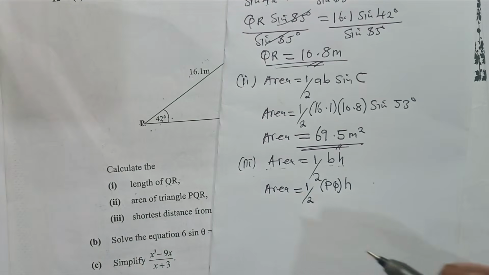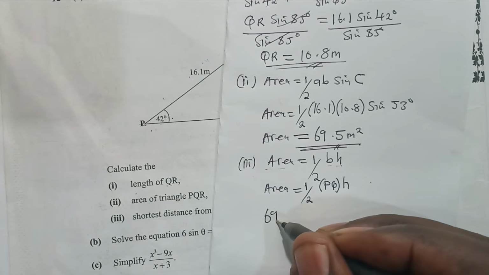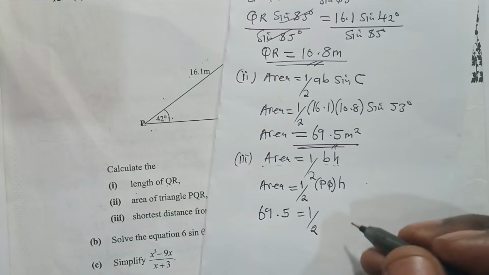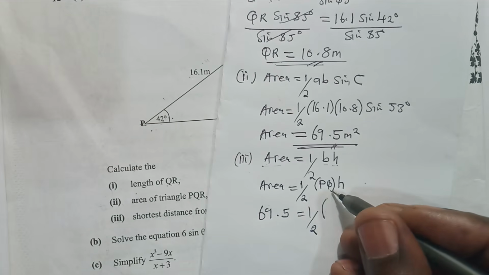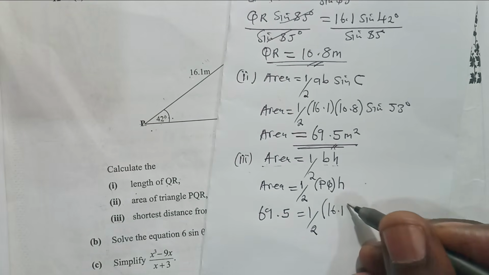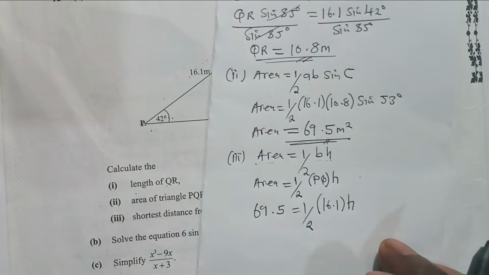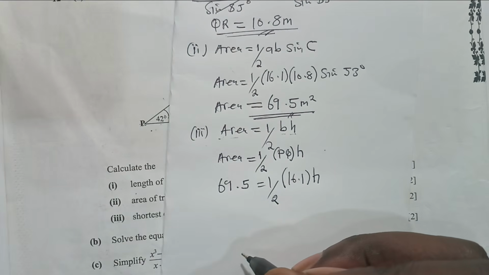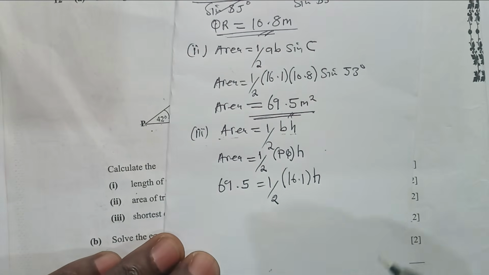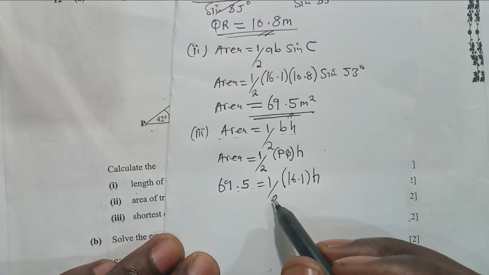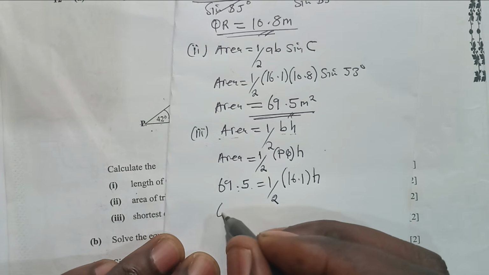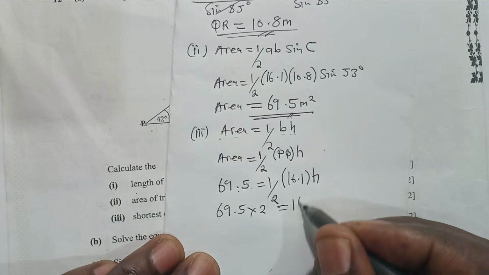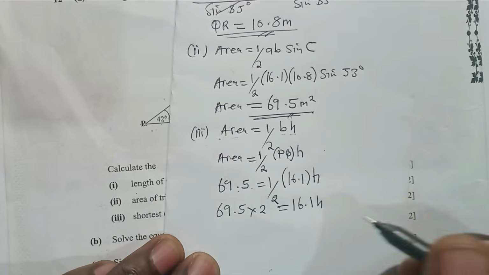So for this, we already know we have 69.5 equal to 1 over 2 multiplying the base, which is 16.1, then we multiply by the height. So this is going to simplify to, 69.5 is going to multiply the 2. So we have 69.5 times 2 is equal to 16.1h.